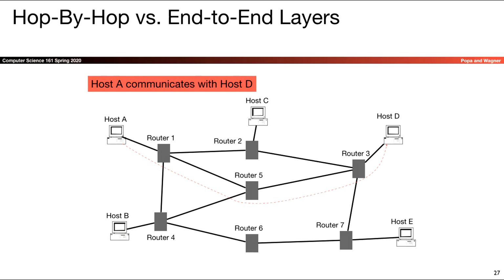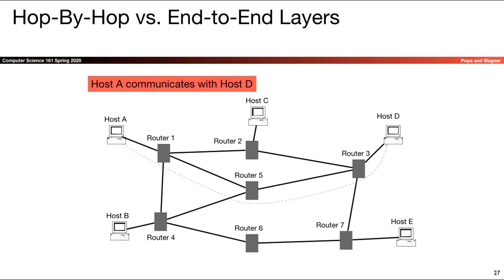This graph is huge and is constantly changing, and you can't ever know the full graph, and it changes so fast. So the way it's going to work is that host A, we're going to discover this path as we go, hop by hop. So host A has a router that it knows to talk to, and it's going to give a packet to router number 1 saying, I have a packet destined for host D. Could you get it there, please?